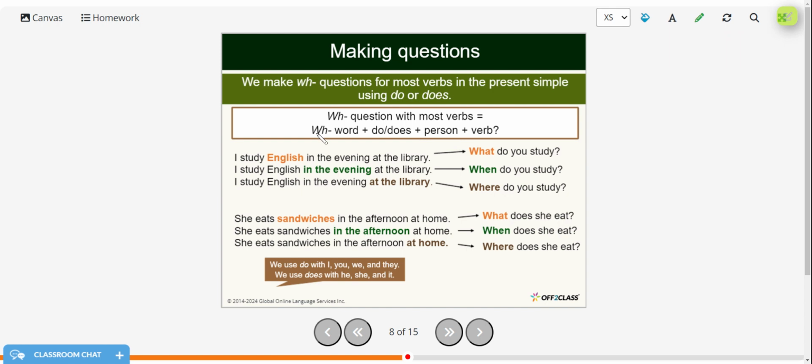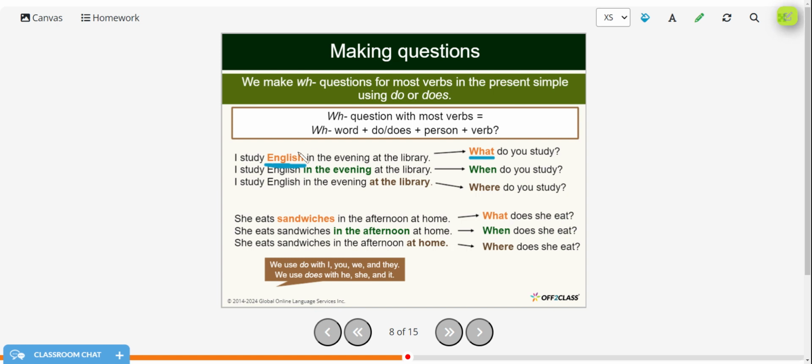So here, the way we ask the question, the WH word, is determined by what information we want to know. If we want to know English, if that's the answer we're looking for, then we would say, what do you study? I study English in the evening at the library.